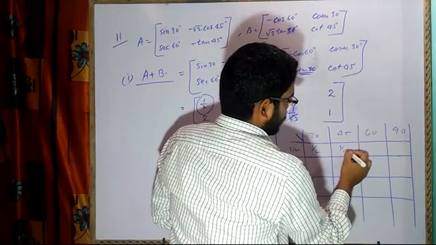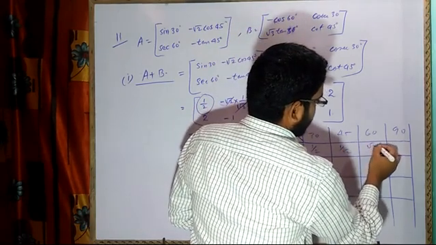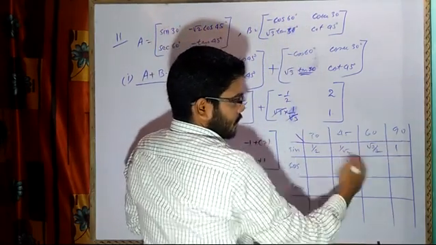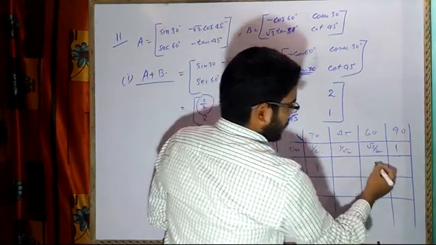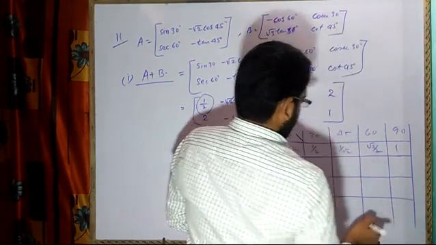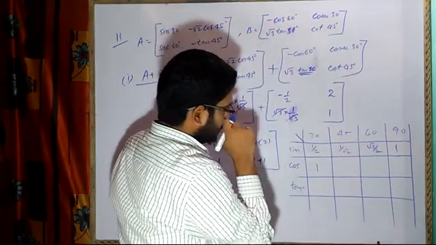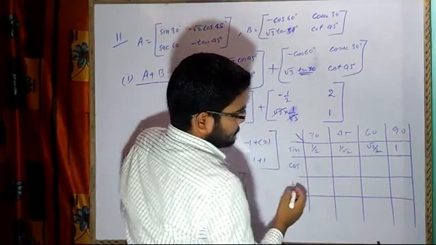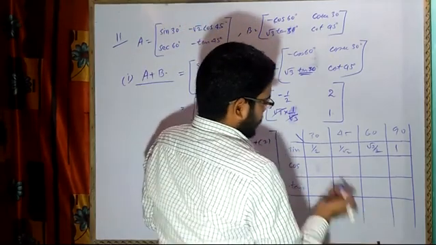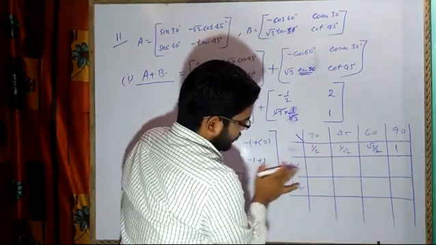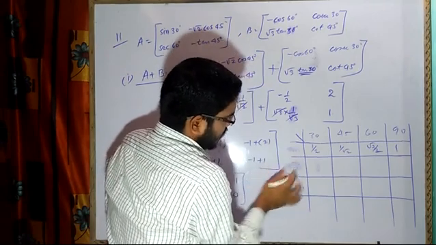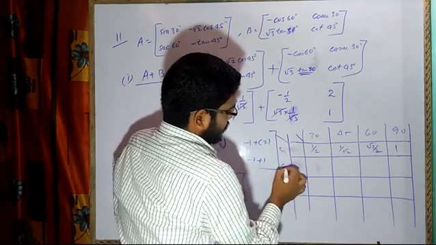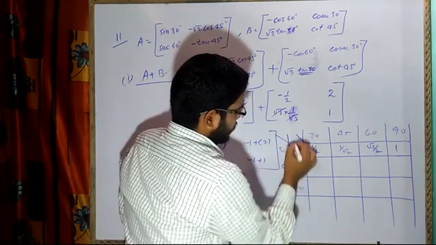This is 1 by root 2. This is root 3 by 2, and this is equal to 1. Now in terms of cos, it is just the opposite. 1 will come here, this will go here. Then we have sine 0 also, I have missed sine 0. So cos 30, okay, 1, 0 I can add that side, or here only I should add. From 0 degree we have to start. So sine, cos, tan, 0 degree.